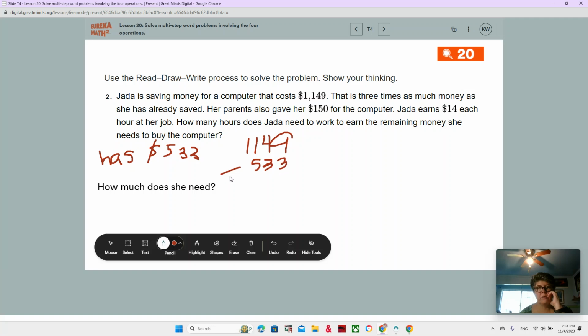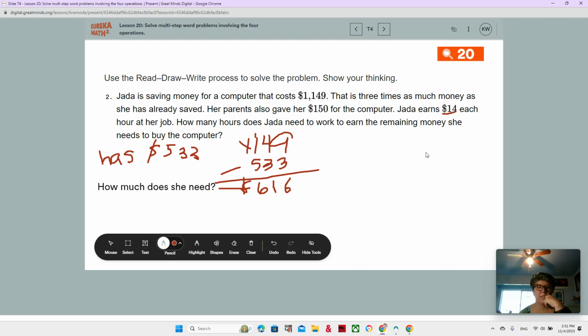And every time we do subtraction, we've got to make sure that we're not doing backward subtraction. 9 minus 3 is 6. 4 minus 3 is 1. 11 minus 5 is 6. So she needs $616, right?